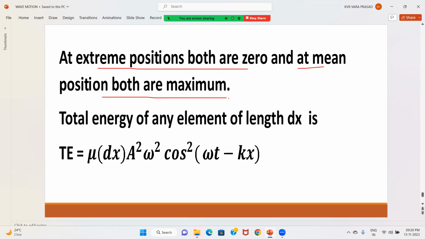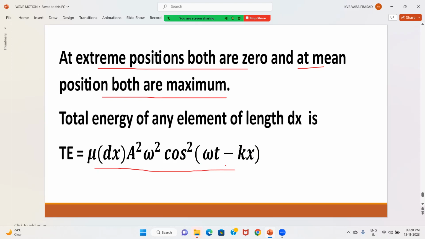Right? Now, total energy of any element of length dx is simply the sum of potential and kinetic, and then we get this expression for the total energy of that element.